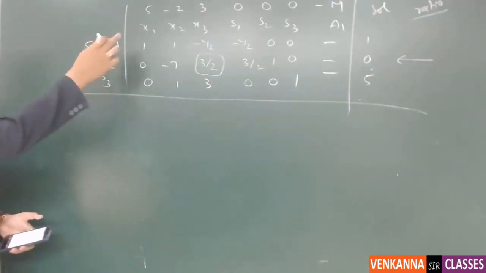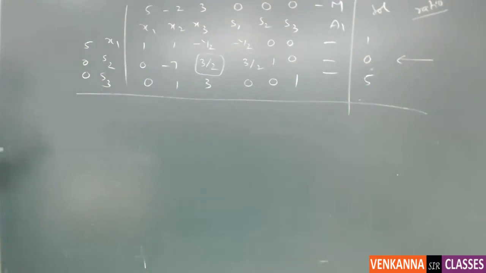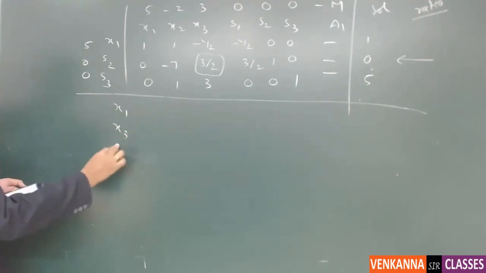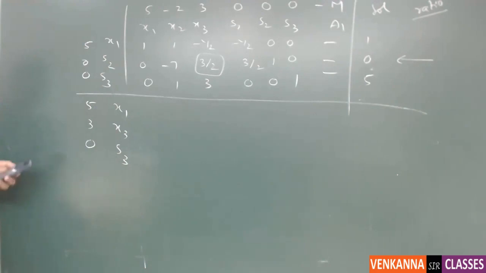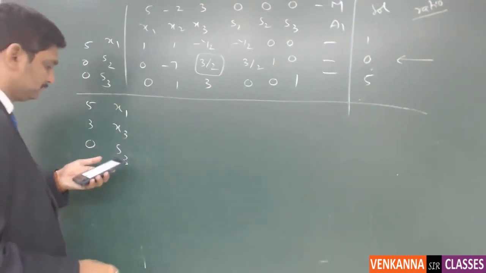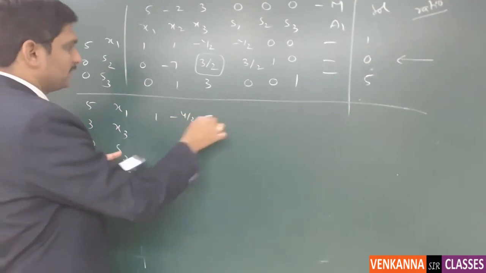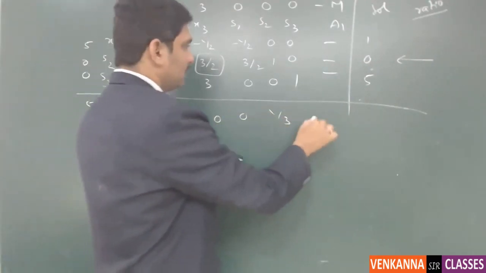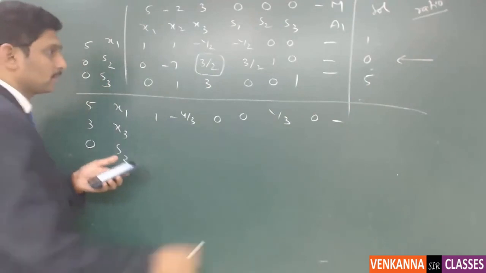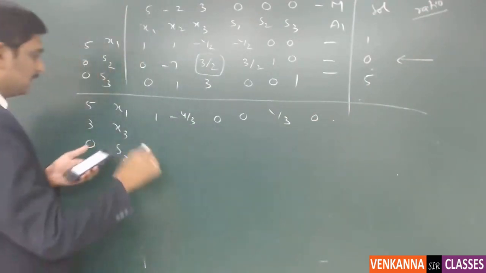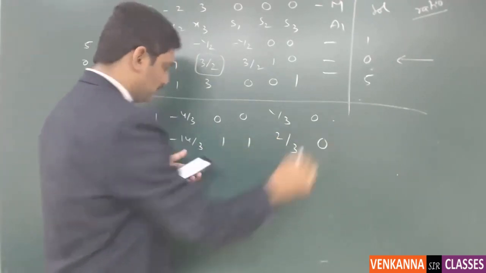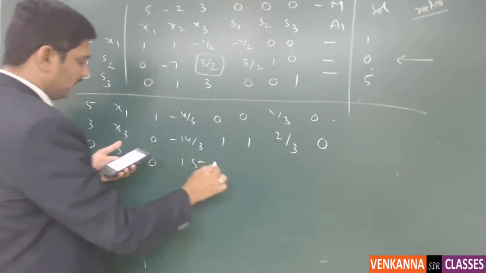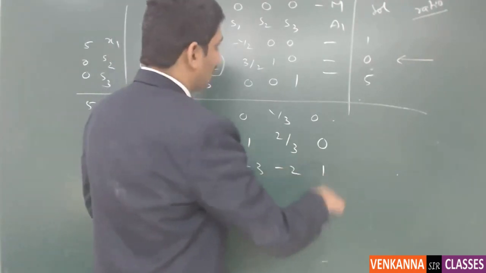So S2 is replaced with X3 with corresponding coefficient 3. So you will have the case like X1, X3, S3. So 5, 3, 0. The tabular values will come like this. So 1, minus 4 by 3, 0, 0, 1 by 3, 0. Again 0, minus 14 by 3, 1, 1, 2 by 3, 0, 0, 15, 0, minus 3, minus 2, 1.